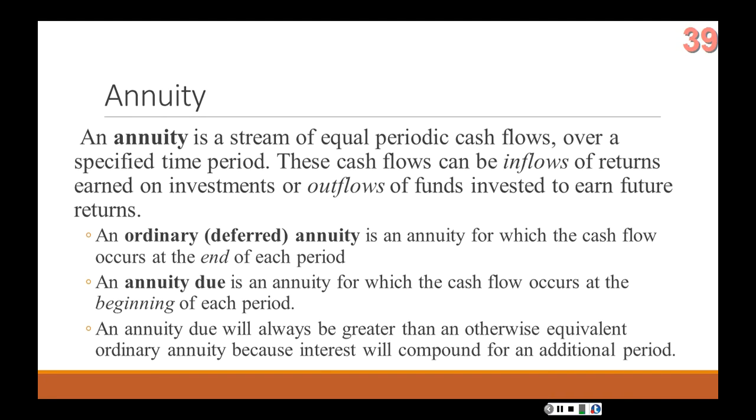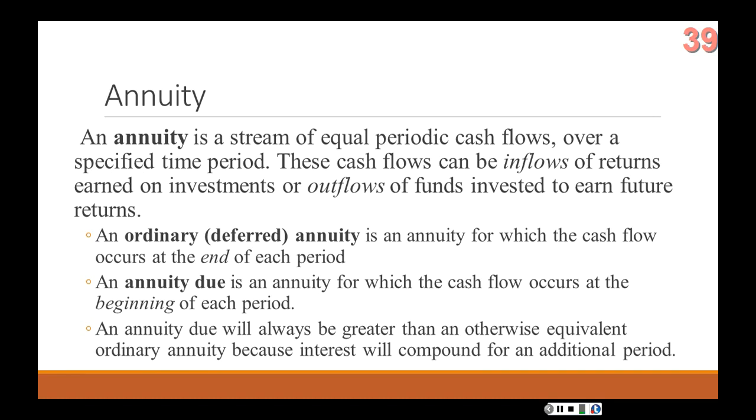So we're going to talk about annuities. Annuities are streams of equal periodic cash flows over a specific period of time. These cash flows can be inflows or outflows. So they can either be positive or negative. Ordinary annuities are annuities where the cash flow occurs at the end of the period.